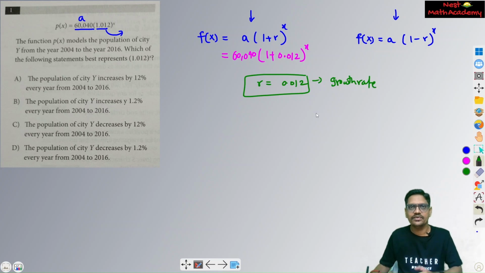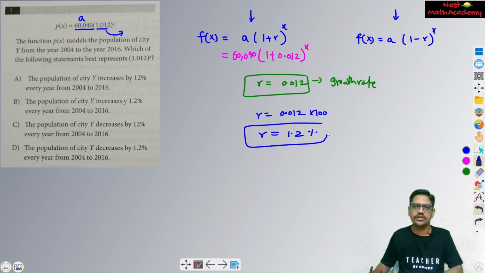The growth rate we need as a percentage, so simply multiply by 100. R is equal to 0.012 times 100, which is equal to 1.2%. Therefore the growth rate per year is 1.2%.